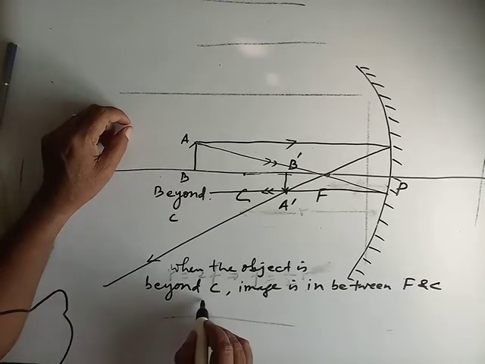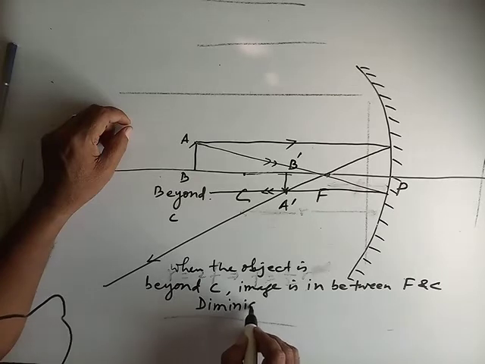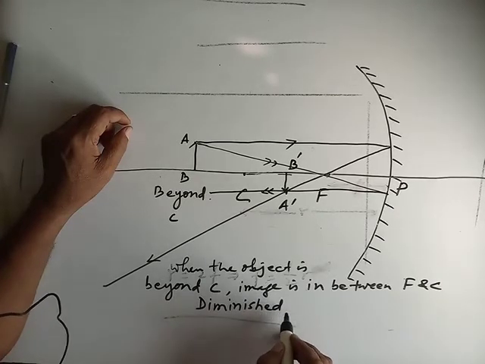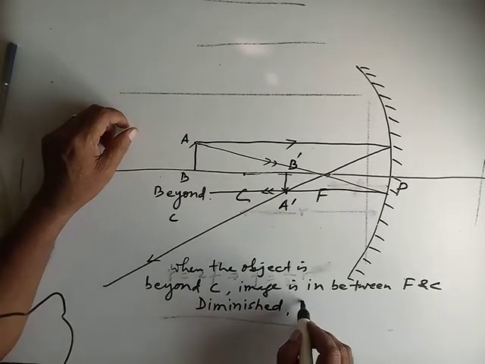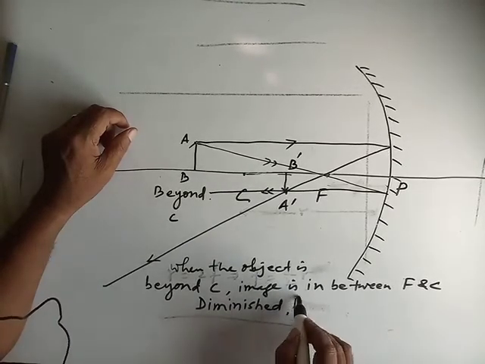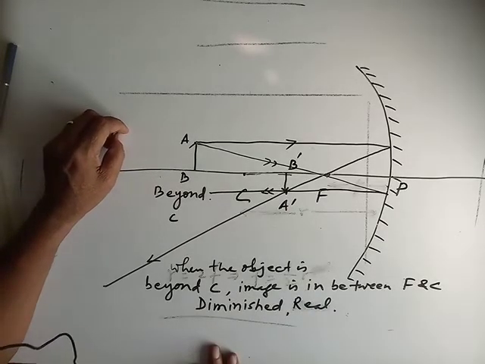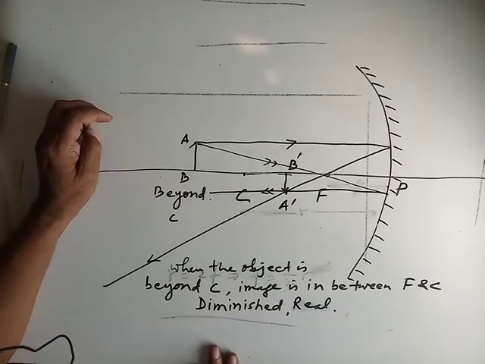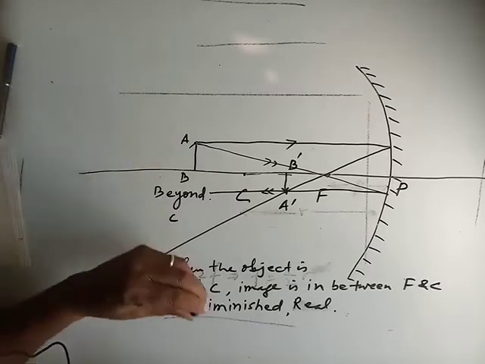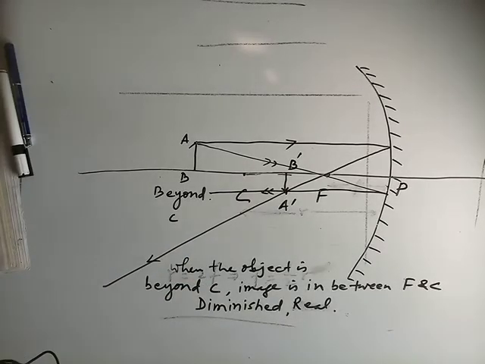The image is diminished, meaning smaller, and it is real. When the object is beyond C, the image is in between F and C, diminished and real. So this is the way to find images. Now I've explained when the object is on C.